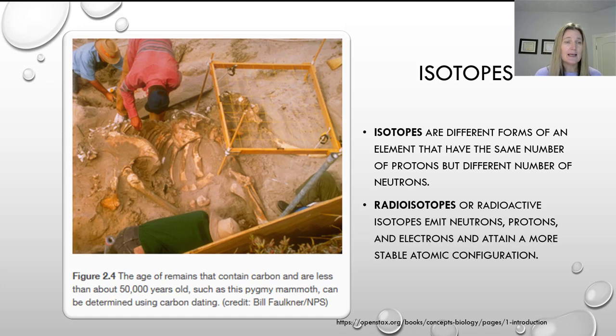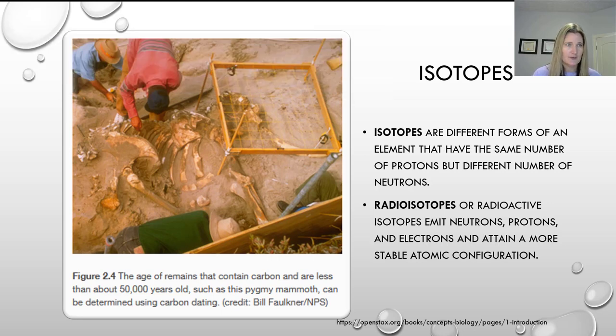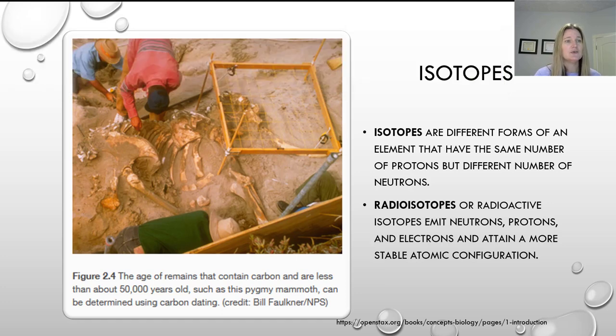So it's going to decay to something called nitrogen-14. So nitrogen-14 gives off energy in a very, very slow process. And if we have 1 gram of carbon-14, it takes about 5,730 years to break that in half.